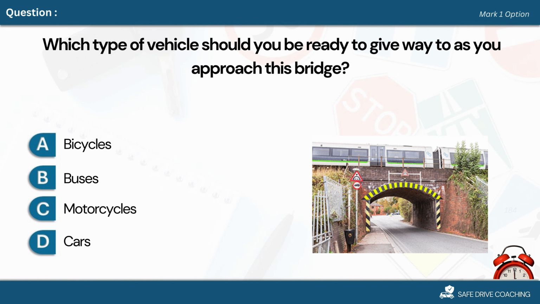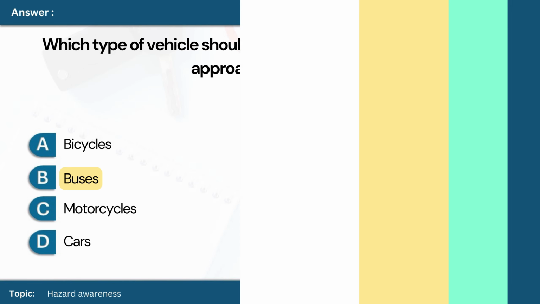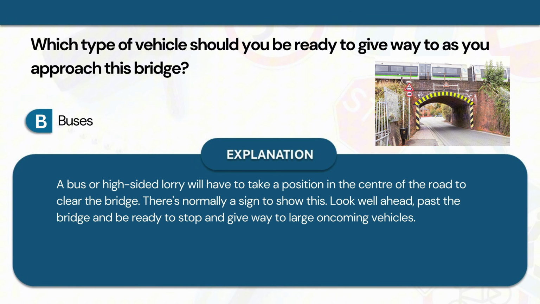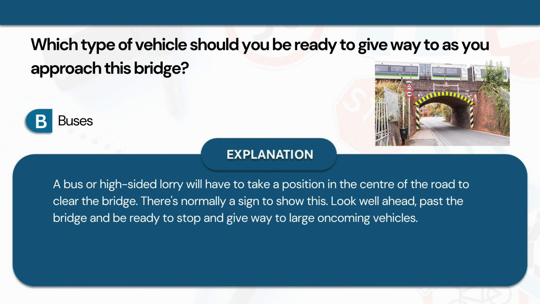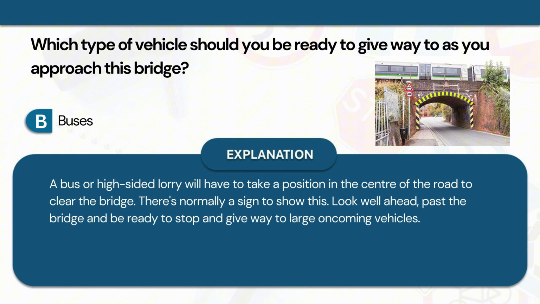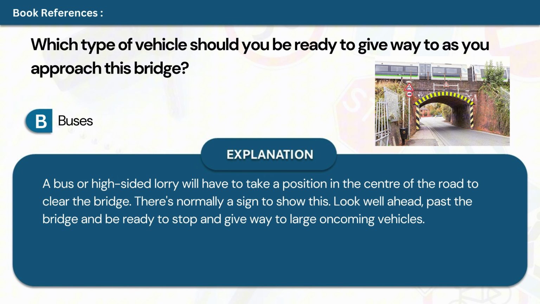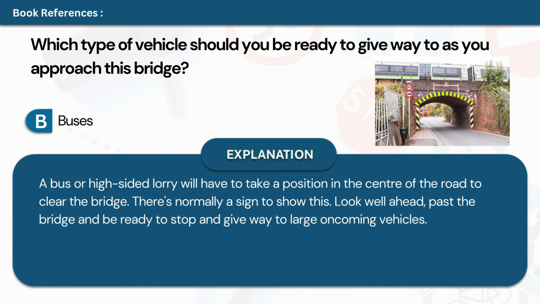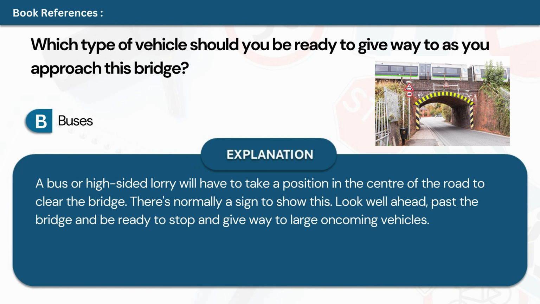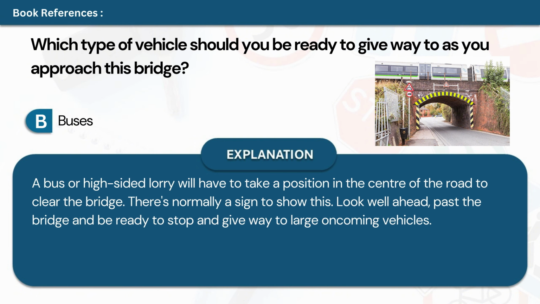The correct answer is B. Buses. A bus or high-sided lorry will have to take a position in the center of the road to clear the bridge. There's normally a sign to show this. Look well ahead past the bridge and be ready to stop and give way to large oncoming vehicles.